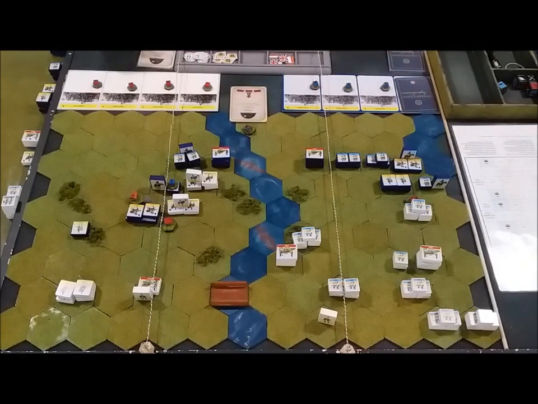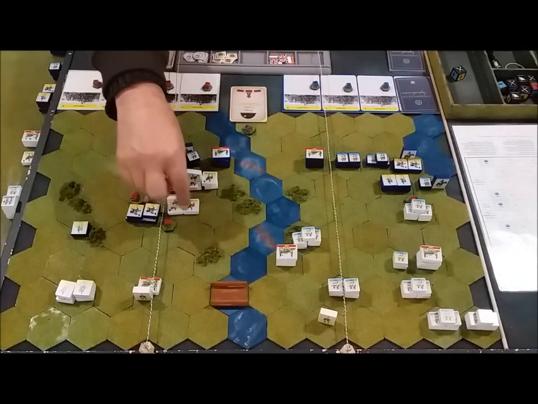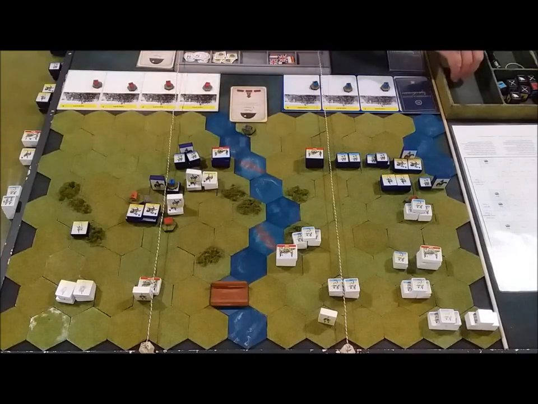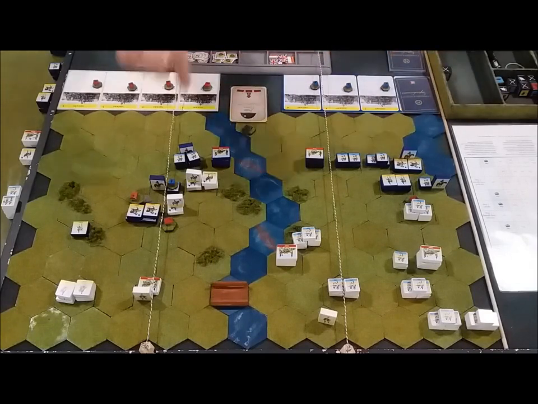Righto, so the light infantry against the cuirassiers, and they get a hit. The heavy cuirassiers may ignore 1 infantry fire hit, but this is a melee hit, so they take a hit. Righto. And then they're going to come back with 1 die against the square, and they take it out.